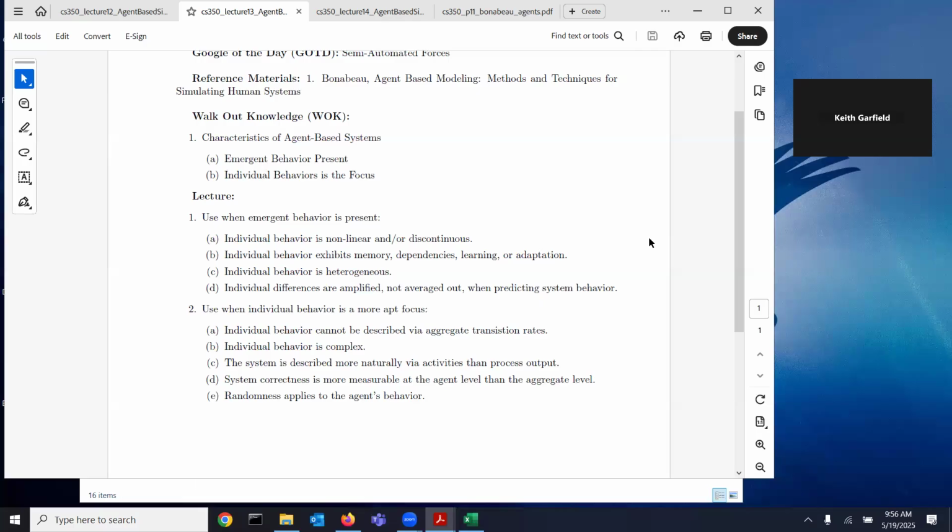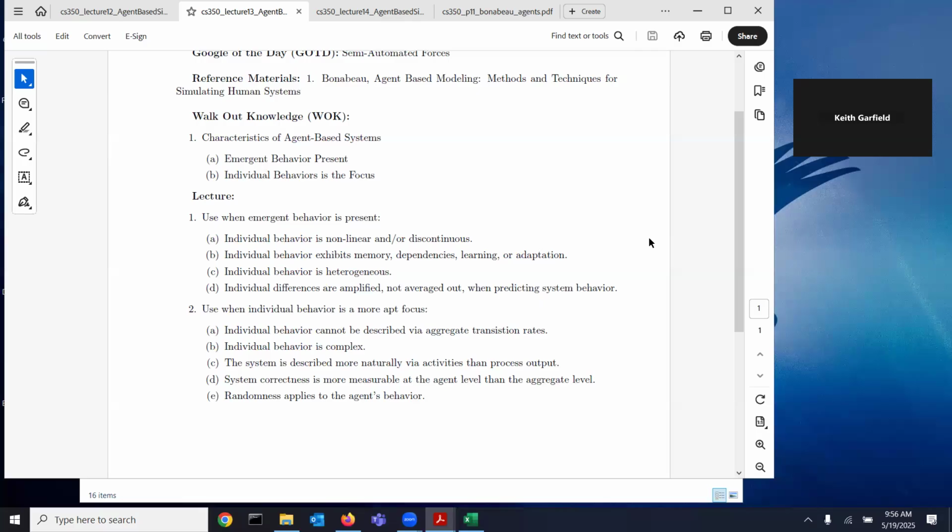So what's happening here is when an individual behavior can radically affect the entire system, that's a good case for agent-based systems. And that's when you know that you're dealing with a system where emergent behavior is going to be more important than the individual behavior.